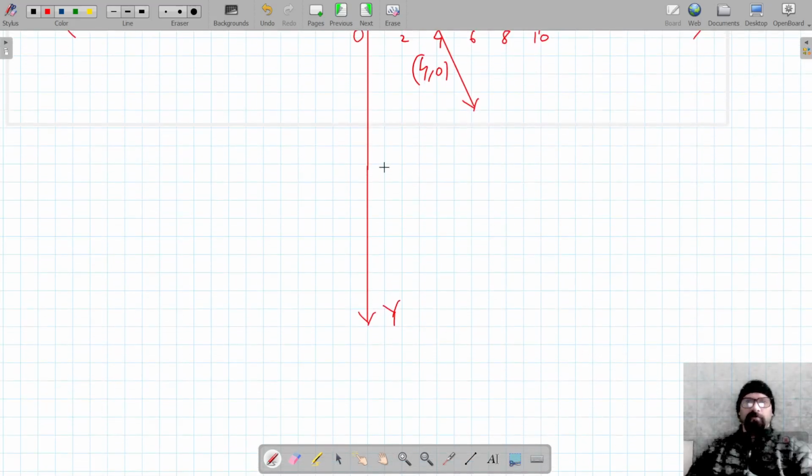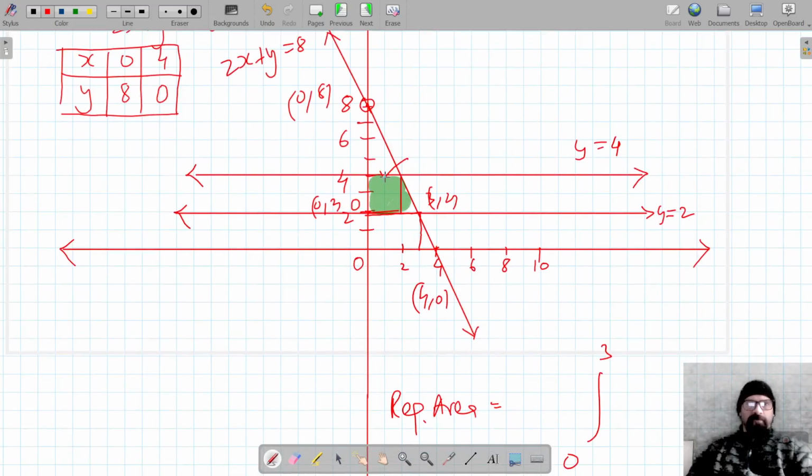So the required area goes from limit 0 to 3. And if I use this vertical strip, this is coming under this, which is the constant. So that means I have to take the horizontal strip.